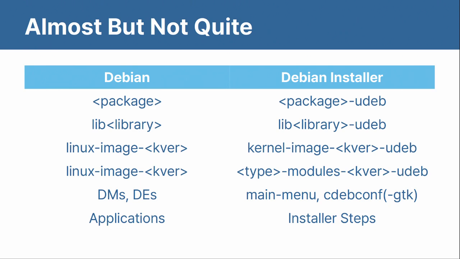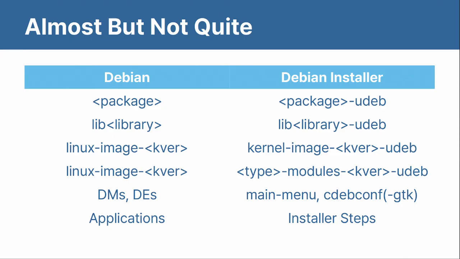And since it's a distinct operating system, every application needs its own udeb version. Every library they use needs to have its udeb version. The Linux kernel itself needs to be in a udeb version that is also very much split out into multiple packages.